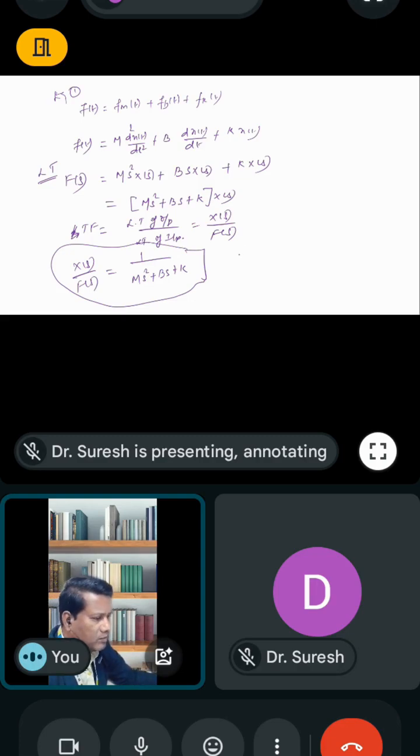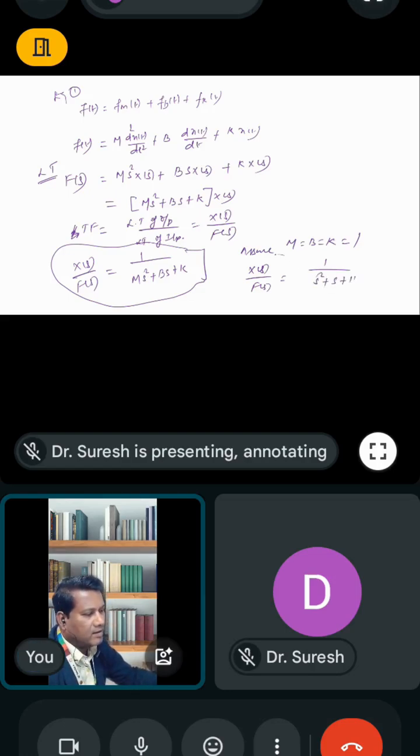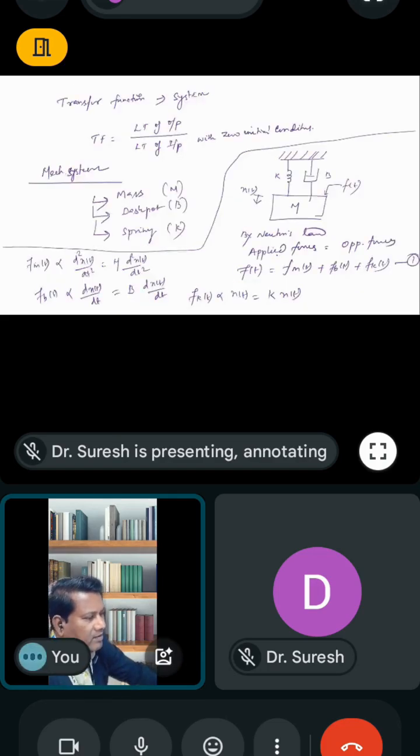So assume all the values as 1 for analysis purpose. Then X(s) by F(s) equals 1 by (s² + s + 1). So this is the mathematical model or transfer function of the given mechanical system.